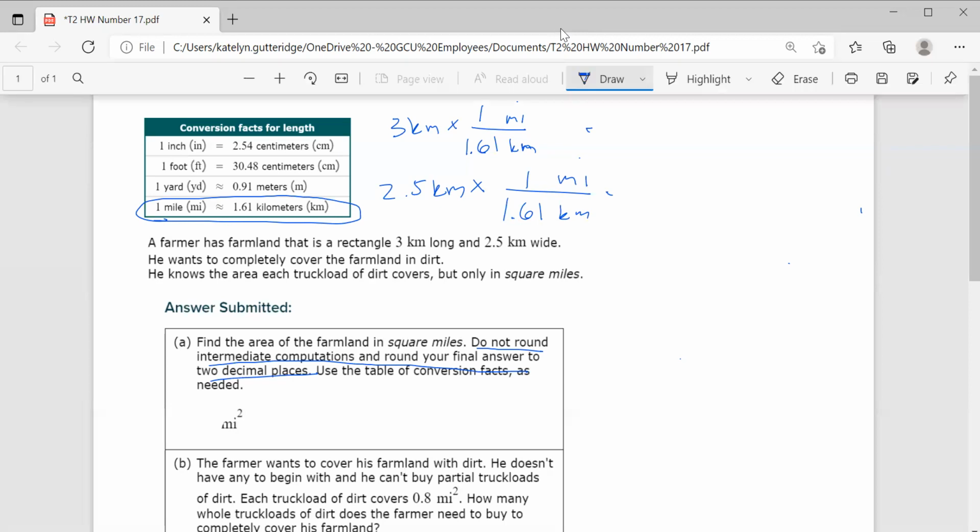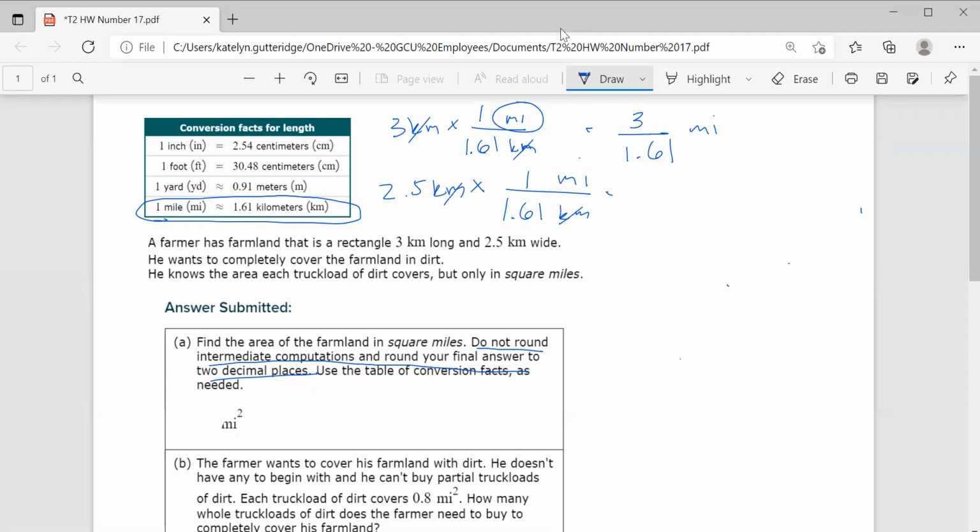We have set this up so that our kilometers will cancel, and then we'll be left with units of miles. We're going to leave it in fraction form, so I'm going to leave it as 3 over 1.61. I'm going to do the same thing with the 2.5.